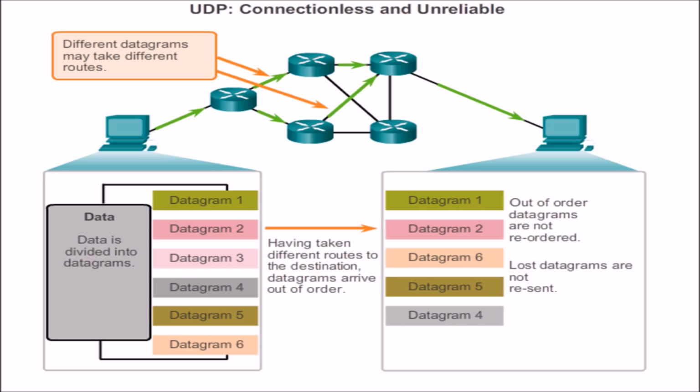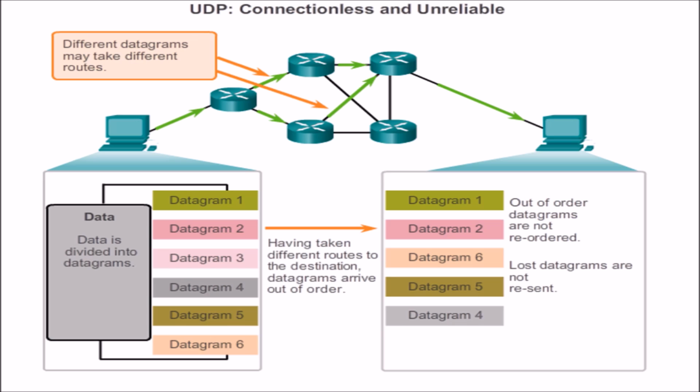However, some applications send larger amounts of data that must be split into multiple segments. The UDP PDU is referred to as a datagram, although the terms segment and datagram are sometimes used interchangeably to describe a transport layer PDU.